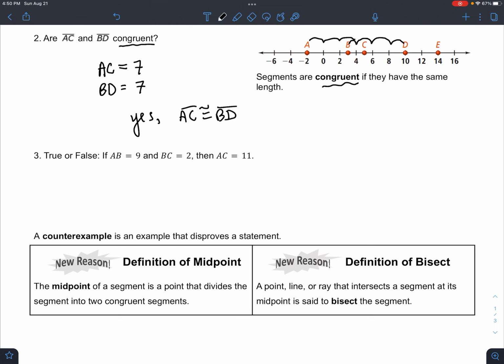But it's kind of the same for segments to just say that this is this. They're saying two different things. One of them is saying two objects are equal. One of them is saying that their lengths are equal. But for line segments, if their lengths are equal, then the objects are congruent. You know, they're the same.